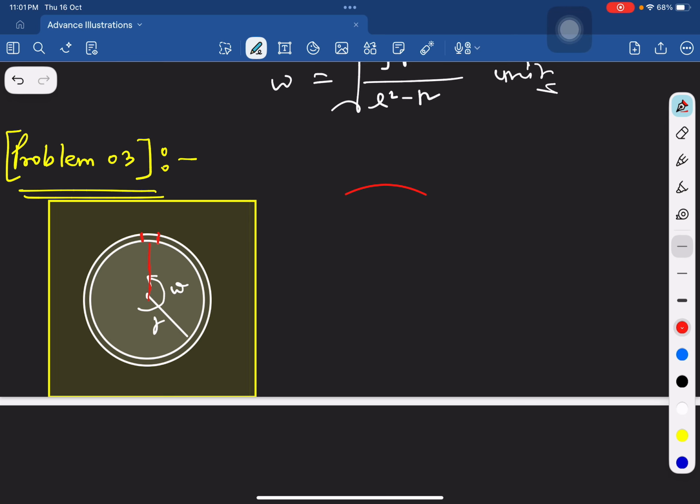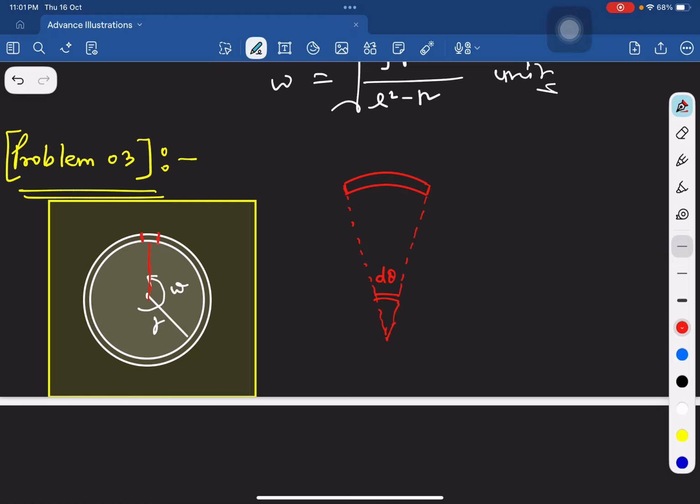If you see this body, this small part has, let's say, the subtending angle d theta.